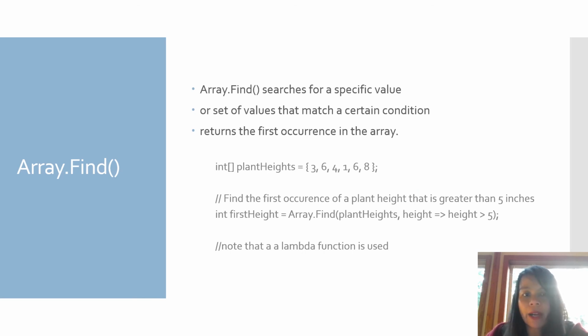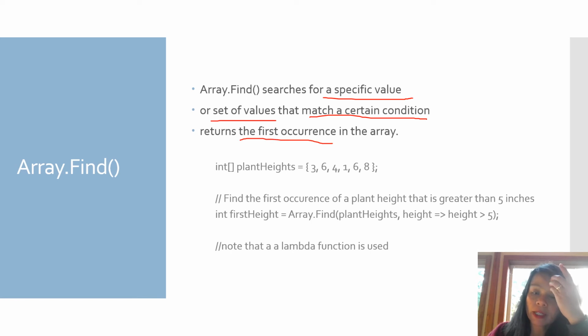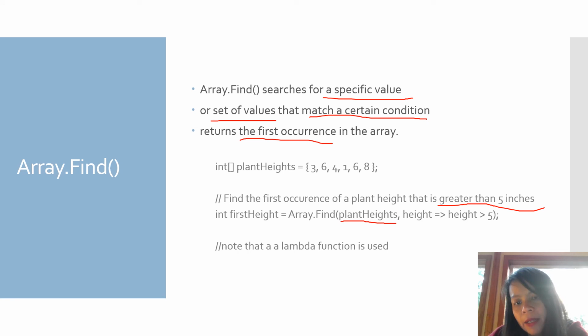We also have Array.Find, which searches for a specific value or a set of values that match a certain condition. Of course, it'll return the first occurrence in the array. So here, if you want to find the first occurrence of a plant height that is greater than 5 inches, you have the array name as the parameter, and then the condition: height, equals, the angle bracket, then height more than 5.